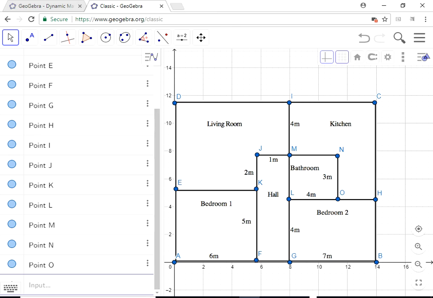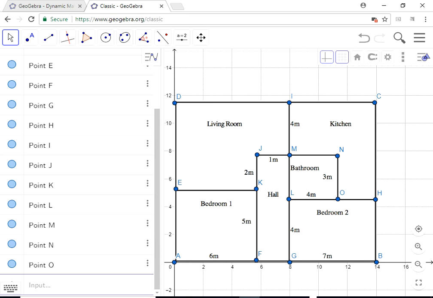And then we add all those together. So we have 14 plus 14 plus 11 plus 11 plus 11 plus 6 plus 1 plus 7 plus 4 plus 4 plus 3 plus 3. And that's going to give us 89 meters. So they need a total of 89 meters of building materials if they want to build all the walls.